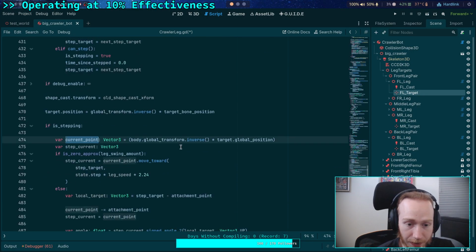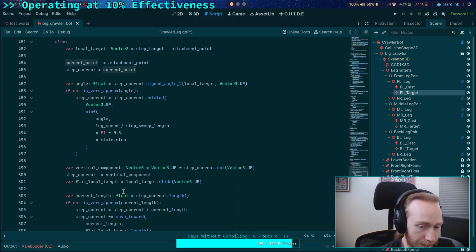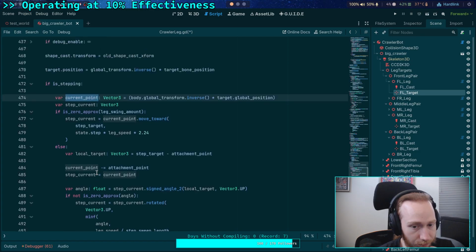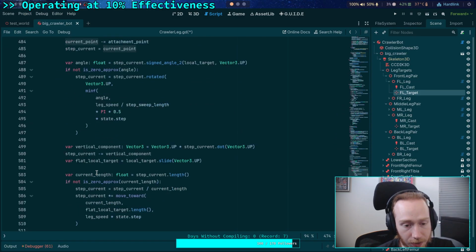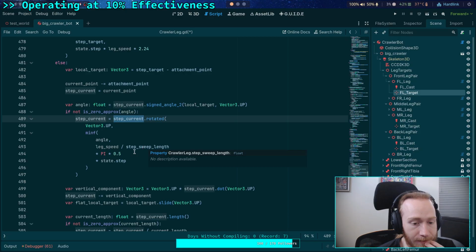Current point is relative to the body. Okay. So at the end of all of this, then I can say, alright, let's move this point to some point above or below it. Right. But this one doesn't include that actual change in height as it goes down. Well, I guess this one does rotate it with that vertical component in.